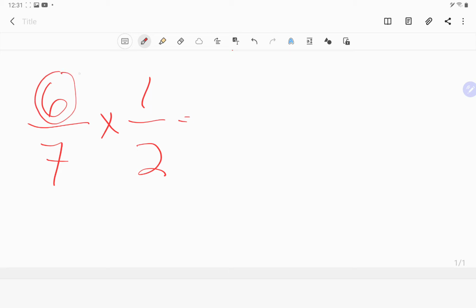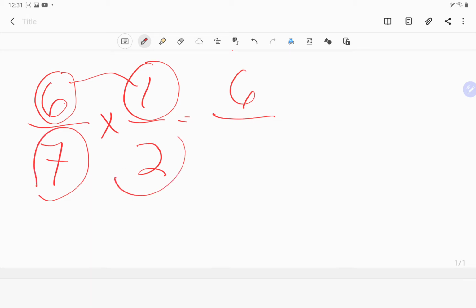Okay, let's have another example here. So, we have 6 over 7 times 1/2. Okay? So, katulad nga ng rules natin, numerator times sa kapwa numerator, that's equal to 6 times 1 is 6. Diba? And then, denominator times sa denominator is equal to 14 dahil 7 times 2 is 14. So, ito na yung sagot agad natin.